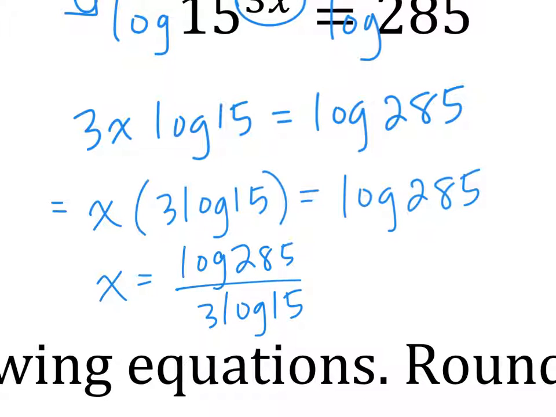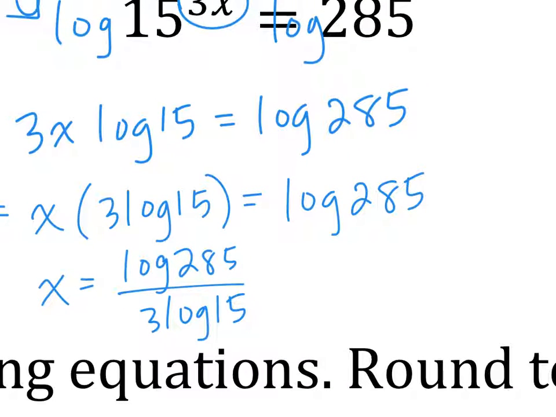At this point, you do need to take out your calculator and solve. So everyone, please take out your calculator. I'm going to show you how to use your calculator to do this correctly. Because there are 2 things in the denominator, you need to be careful. If you like to write all of it at once on your calculator, this is what you do. Log, parentheses, 285, close parentheses, divide.